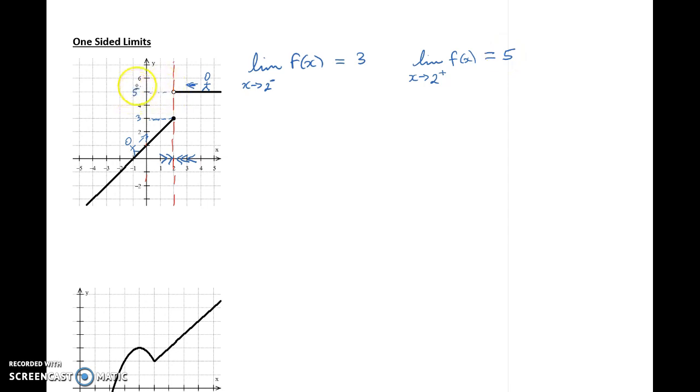5. So as you approach from the left, you're expecting to be at the red line at a height of 3. As you approach from the right, you're expecting to hit the red line at a height of 5.